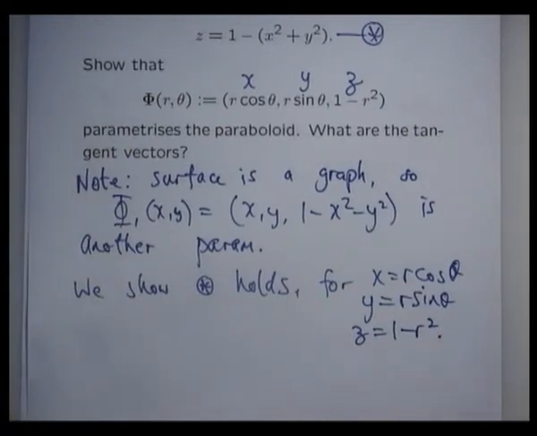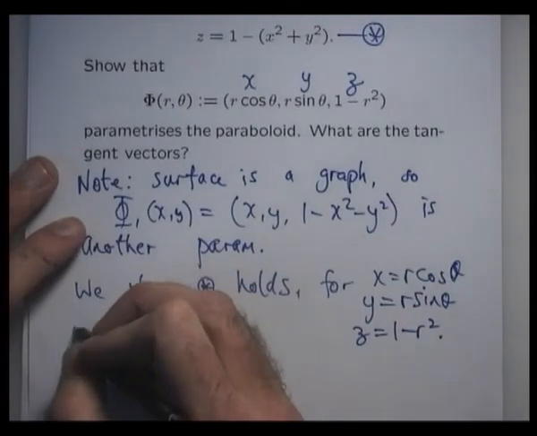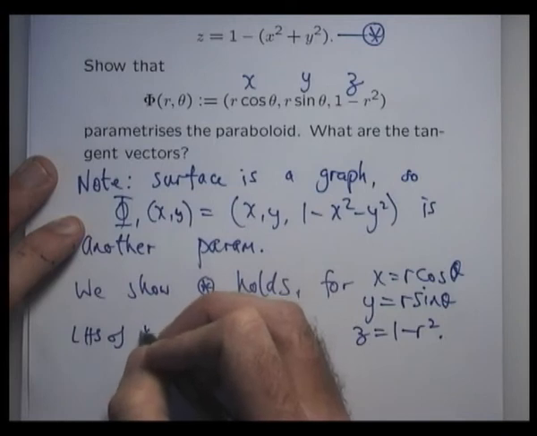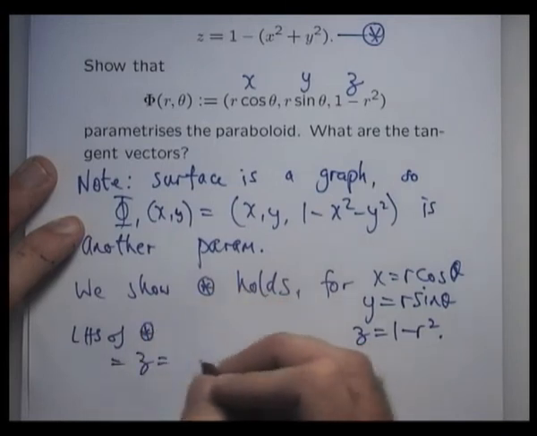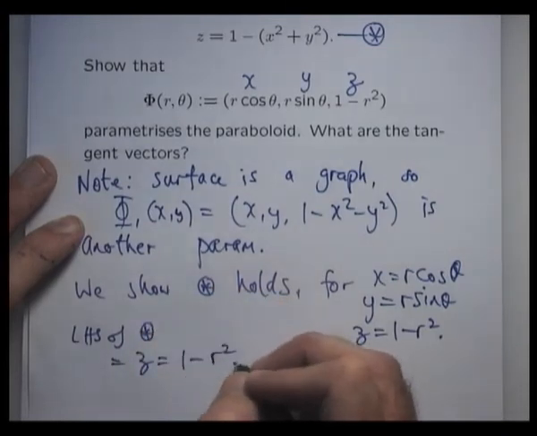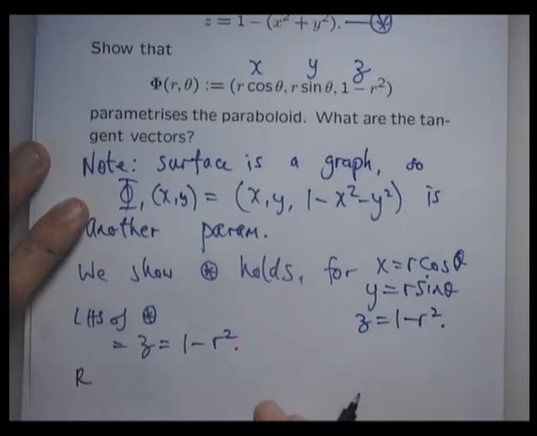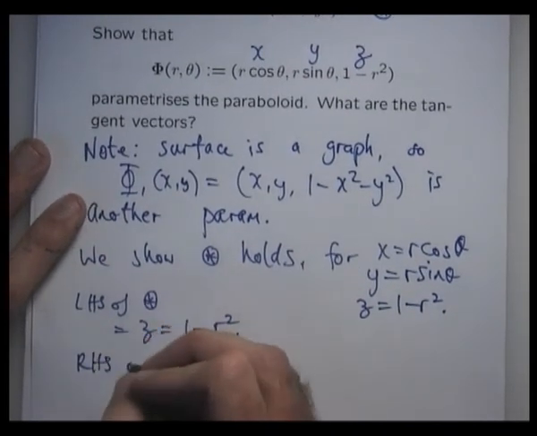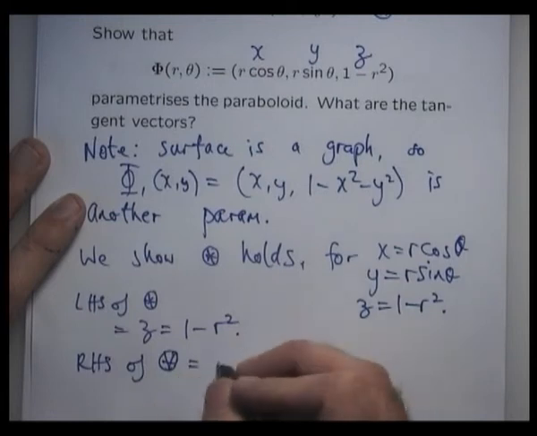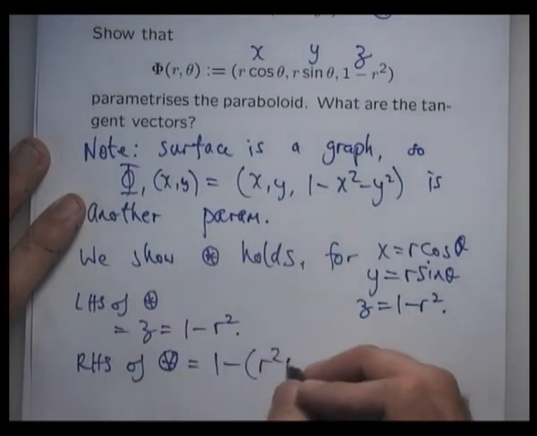All you use is cos squared plus sine squared, right? So cos squared plus sine squared equals 1, right? So okay, 1 minus r squared cos squared.